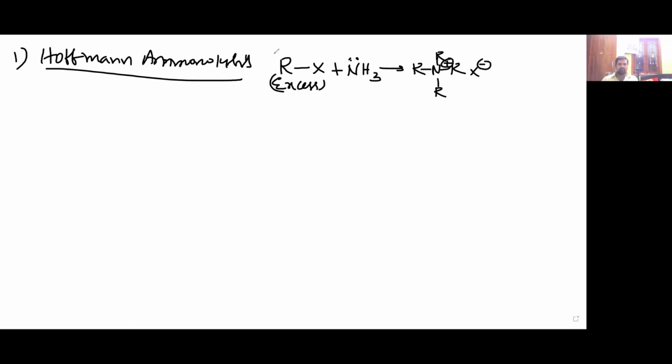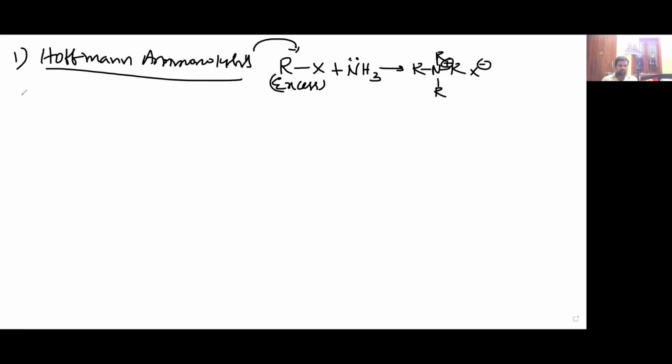This reaction is called Hoffman ammonolysis reaction, or else Hoffman exhaustive alkylation. Exhaustive means continuous alkylation.